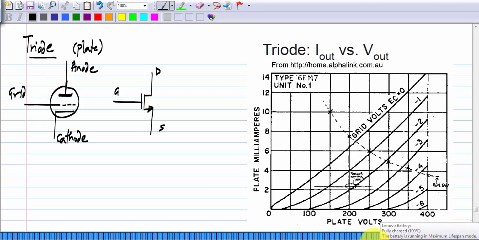In order for the vacuum tubes to function properly, you also had to have a heater. The way these things worked is by heating the cathode so that it emits electrons and they are captured by the anode, and the number of electrons being captured by the anode is controlled by the voltage on the grid. So you can see that there is a very close correspondence to the terminals of the MOS transistor.